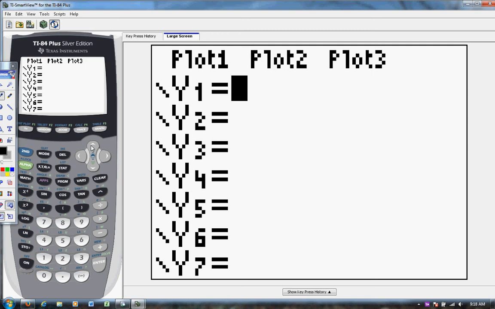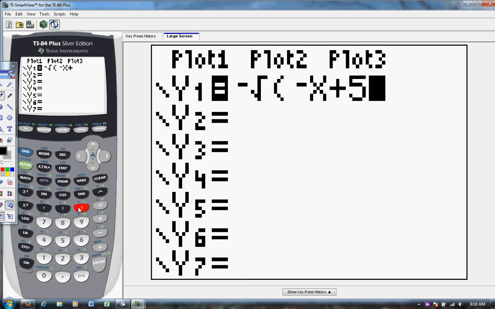f of x equals the negative square root of negative x plus 5. Now, you kind of have to think through this a little bit. That plus 5 makes us think that it's going to go to the left 5, right? And don't we have two reflections here?